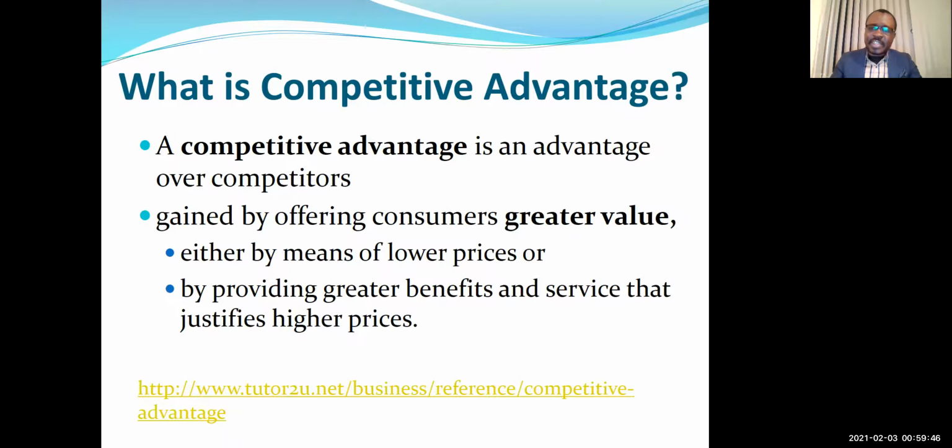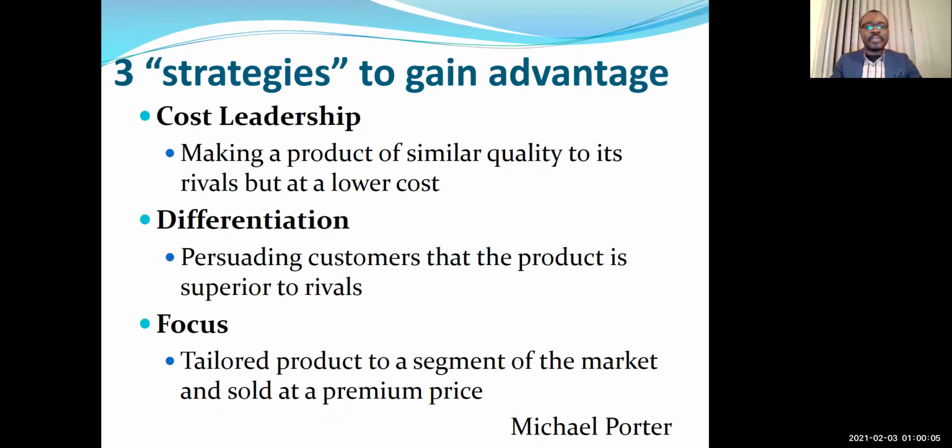Competitive advantage is when I have advantage over my peers, over my rivals, over my competitors, and it is gained when I offer greater value, either by offering a lower price or by giving higher benefits and services that justify my higher price. So 2 ways can help me gain competitive advantage. There are 3 strategies to gain competitive advantage: cost leadership, differentiation, and focus.